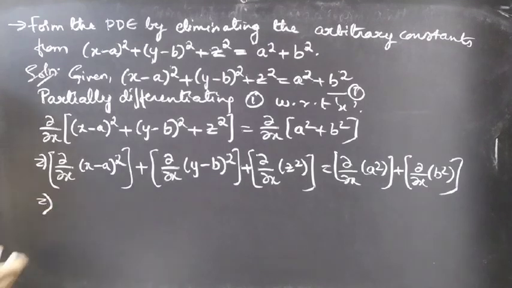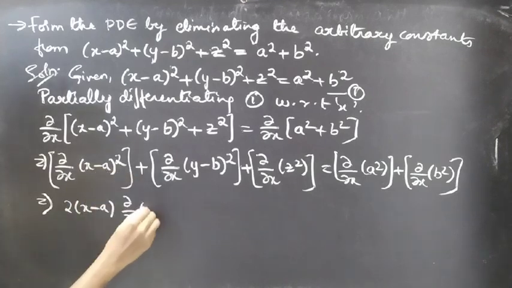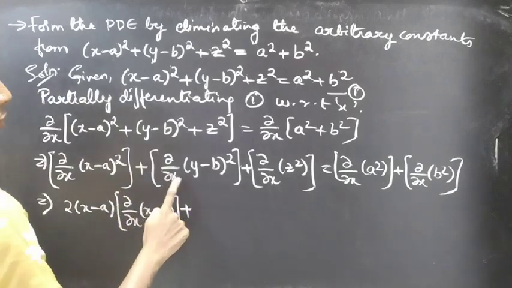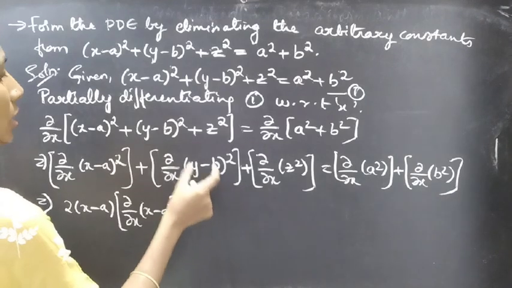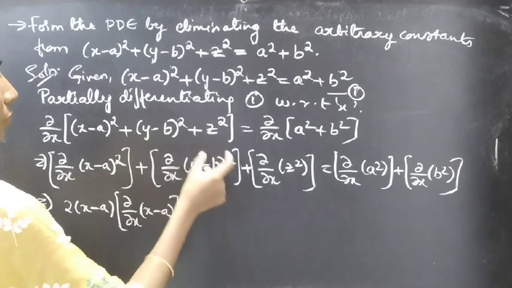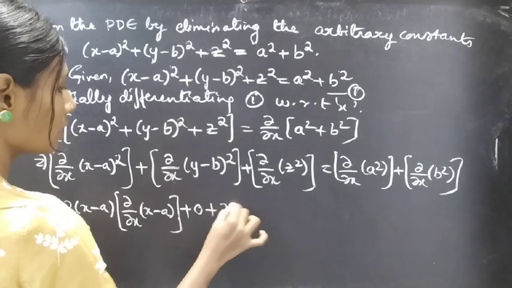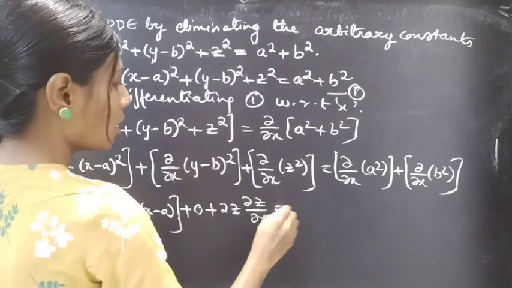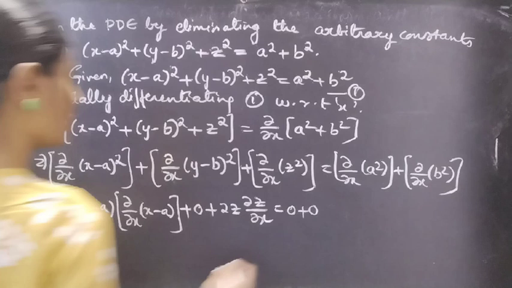Right? So the partial derivative of (x minus a) whole square with respect to x is 2 times (x minus a) into the inner derivative, that is the partial derivative of x minus a, plus, since we are partially differentiating with respect to x, we'll treat y as constant. Here y minus b is treated as constant, and the partial derivative of a constant with respect to x will be 0, plus the partial derivative of z square with respect to x is 2z into dou z by dou x, equal to 0 plus 0, right?